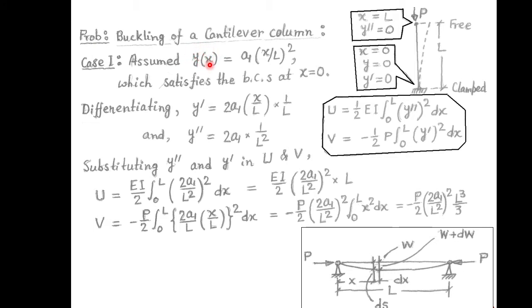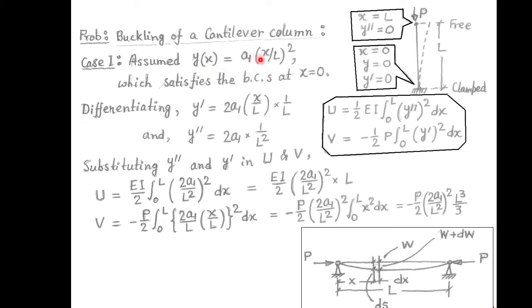This y is the exact solution, this is our approximate solution. So this variation here is a virtual displacement, and we are implementing that through this unknown a1. There is a single unknown a1.